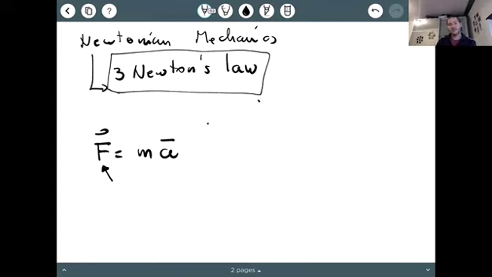And the third law says that anytime body A applies a force to body B, body B applies a force to body A that is equal in magnitude but opposite in sign. This is the action-reaction principle. So these three laws, which I'm not going to write, I just focus on the second law, together form what mechanics is supposed to be.